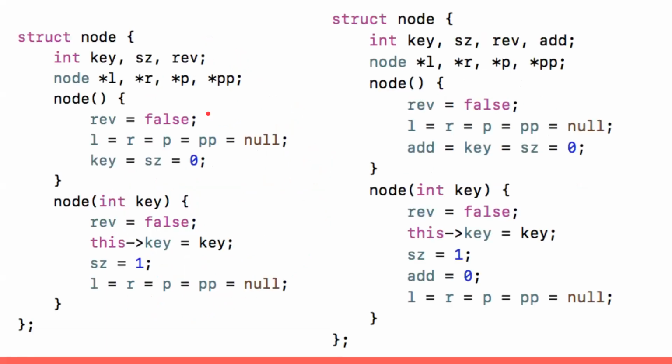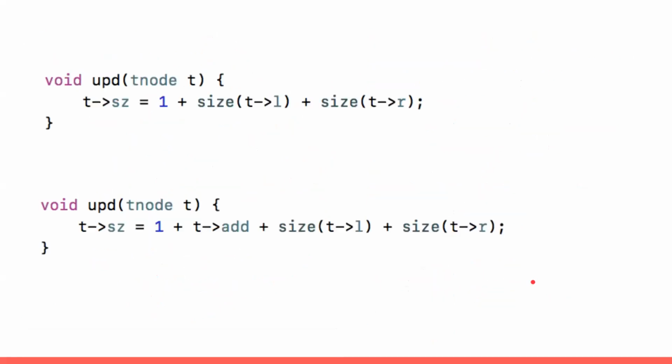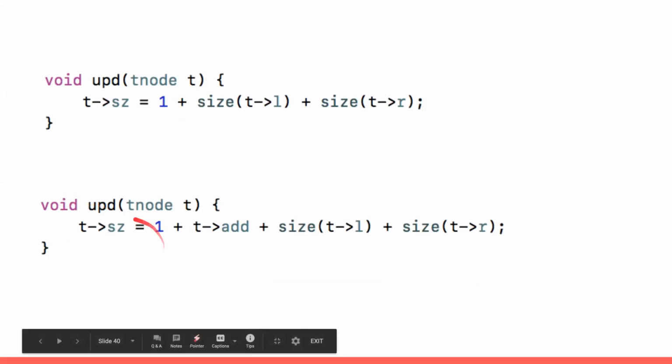Okay, so what has changed here? We have add here, and we are saying that add is 0 by default. So how does update work? Our update function will be changed.